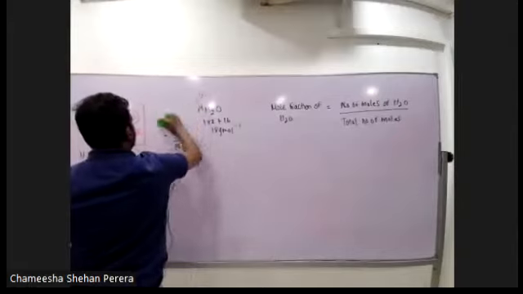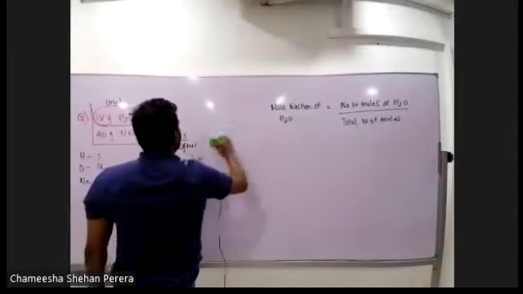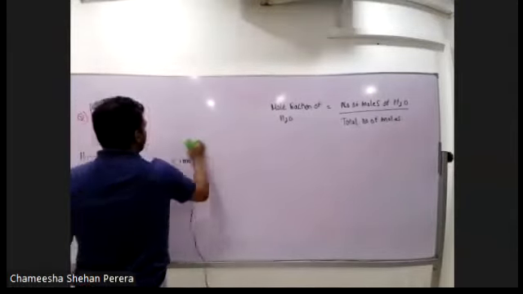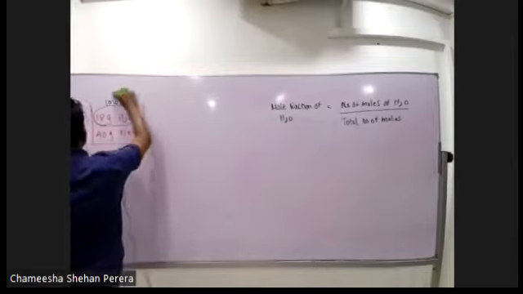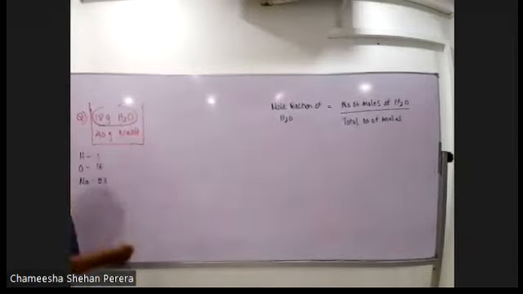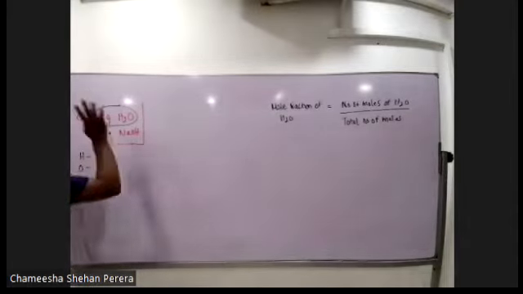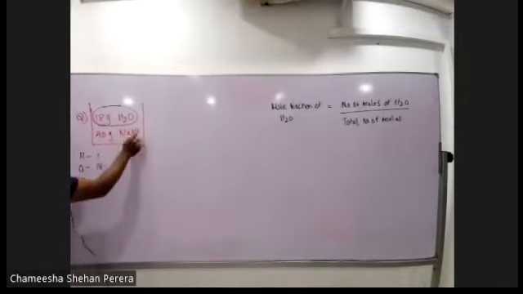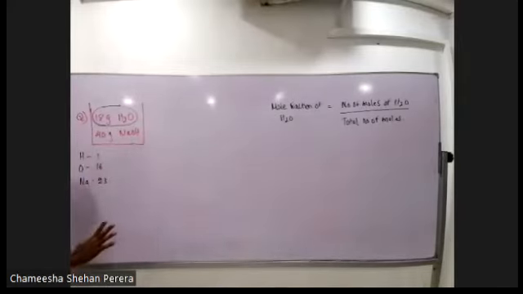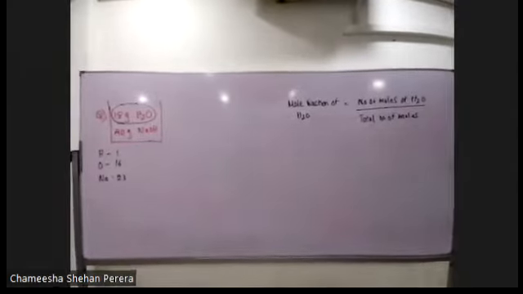Upeka, see here. What I have done here: in the previous question, can you remember that I clearly gave you the number of moles in the mixture? Now, in this case, I have not given the number of moles of any of the components. I have just indicated how much mass of each component is present in the mixture. Clear?